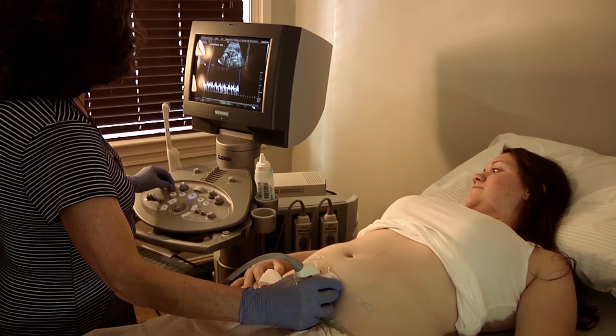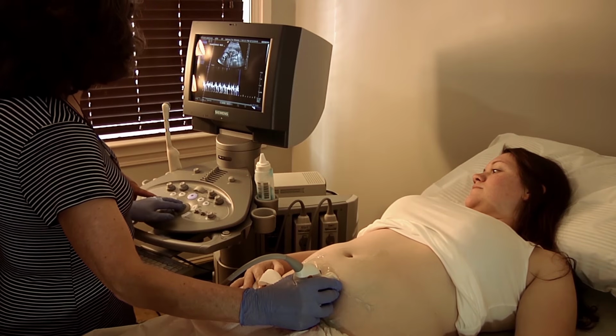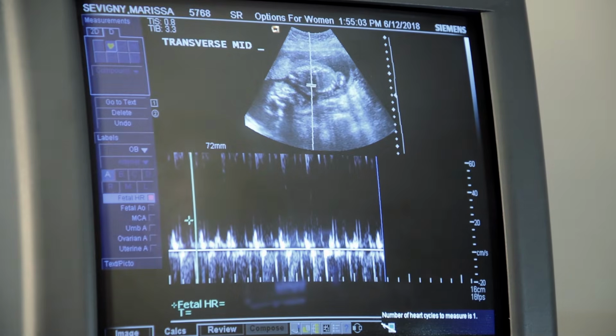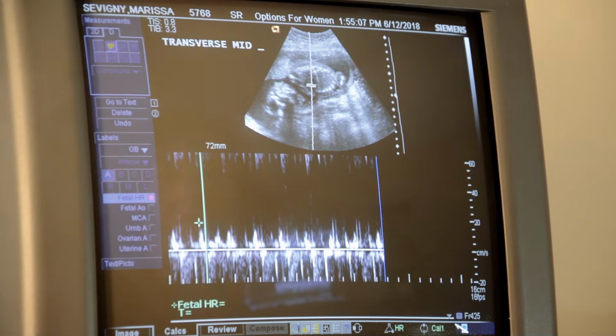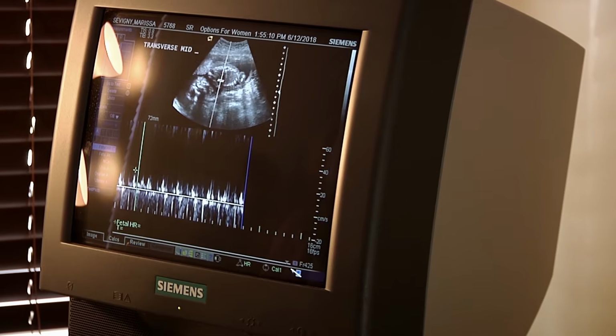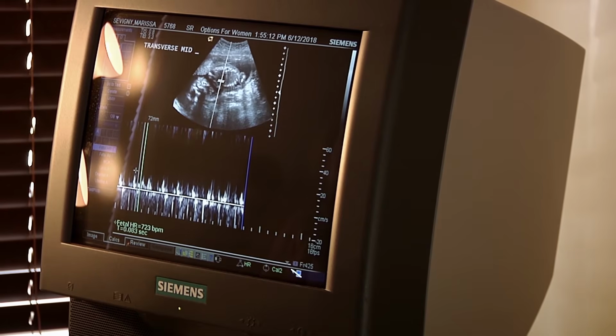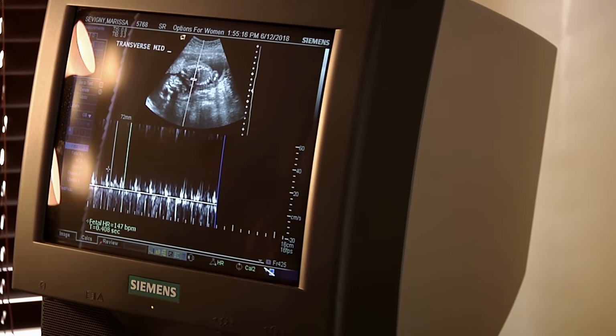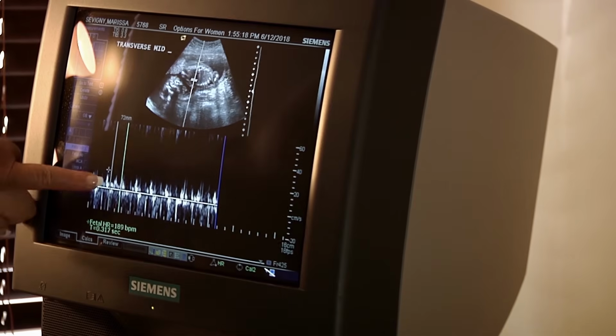And now you're going to measure it. And to measure it, you hit this button right here. And then you move that cursor down to fetal heart. There you go. And then hit set. So you started here.